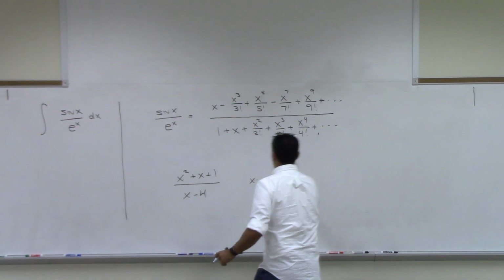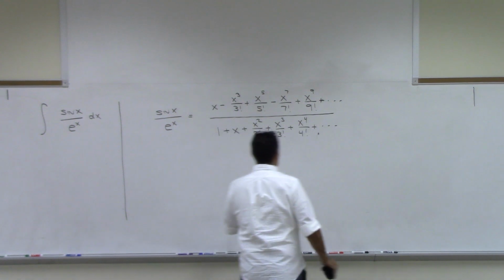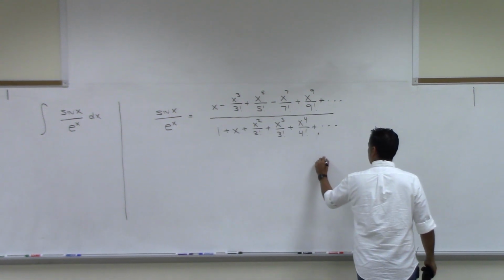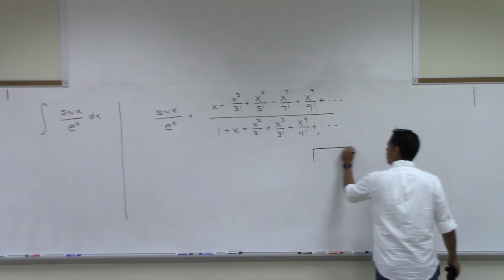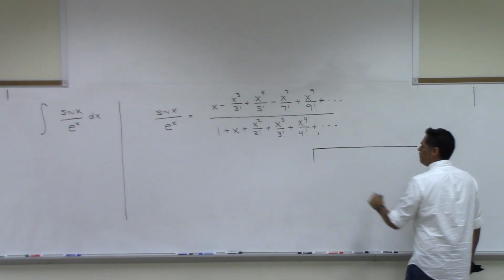All right? So inside the division box goes the numerator.